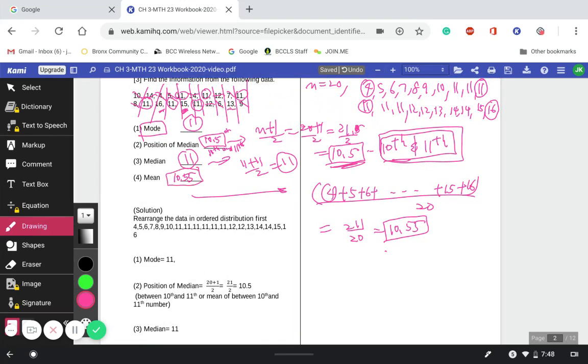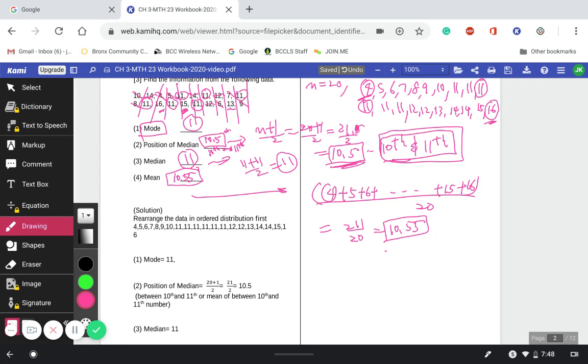So when you compare the actual values of mode, median, and mean, they're all somewhere near 11. So it's a fair representation, even though the smallest number is 4 and the biggest number is 16. Somehow they all are directing somewhere to the middle, as 11 or 11 and 10.55.